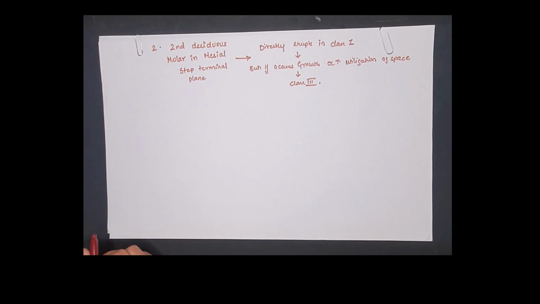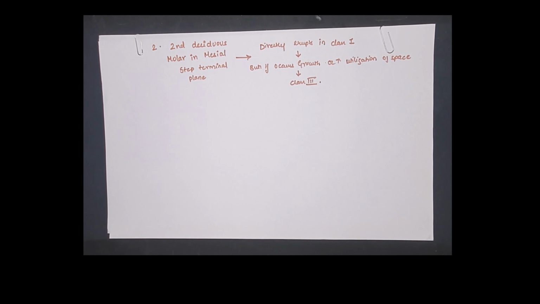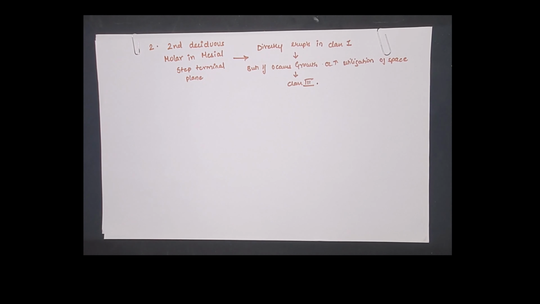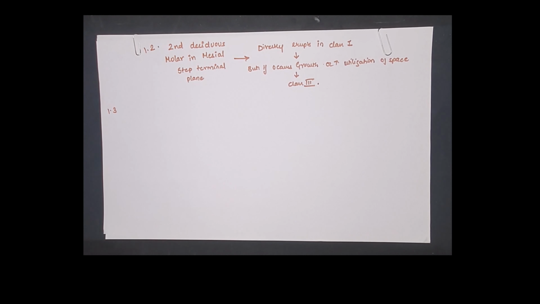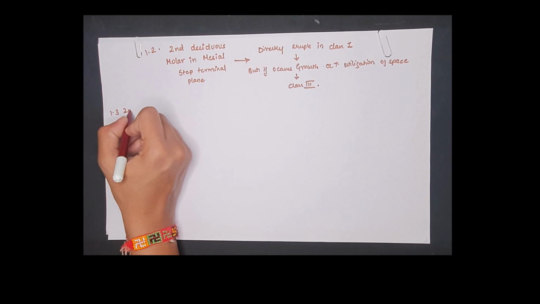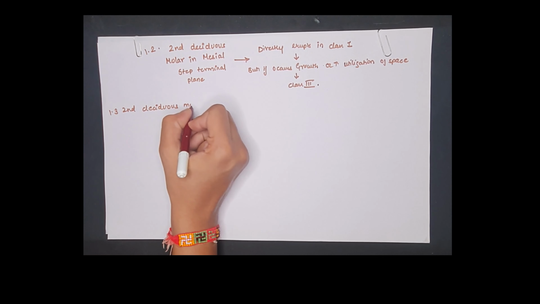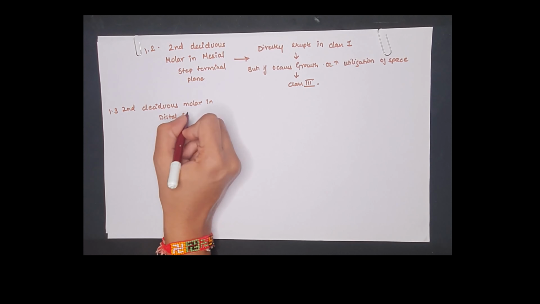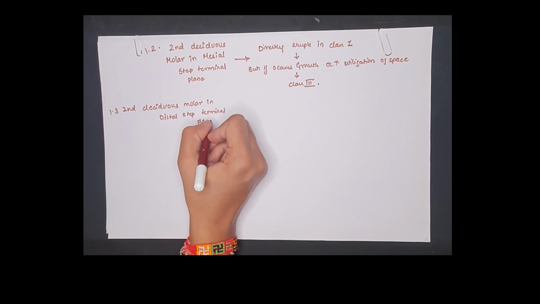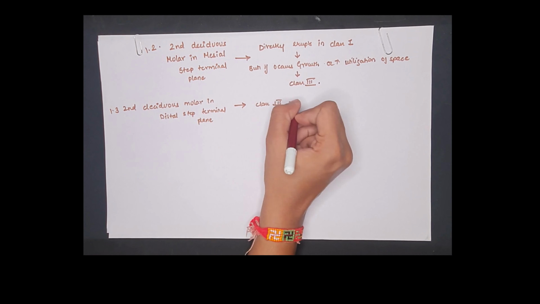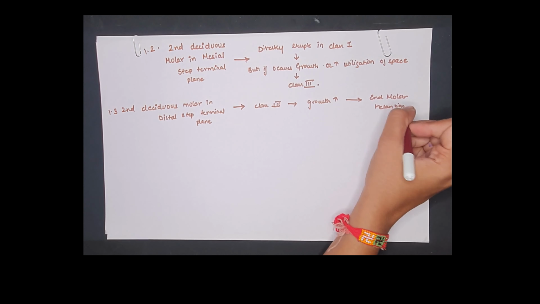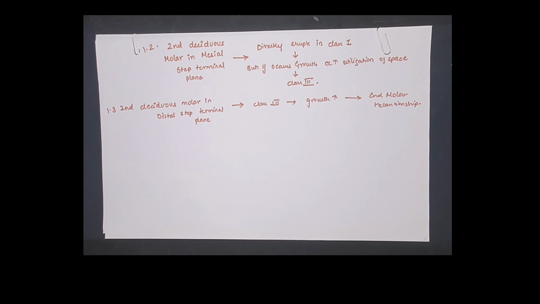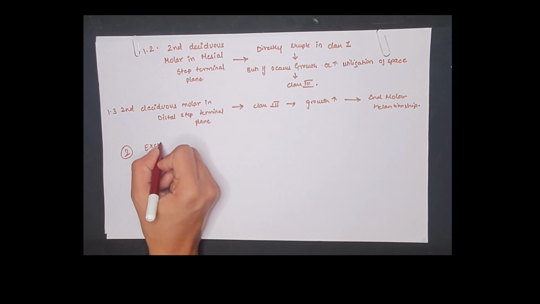Now, let's discuss the third criterion, in which the second deciduous molars are in distal step terminal plane. As you remember, the distal step is when the distal side of the mandibular deciduous molar is more distal to the maxillary, which will grow in class 2, and if growth occurs more, it is an end-to-end relationship.